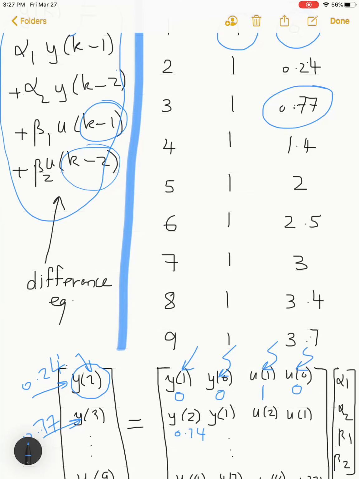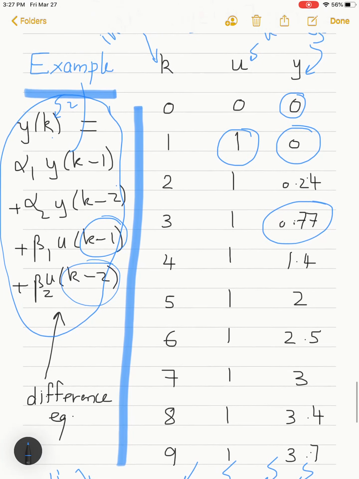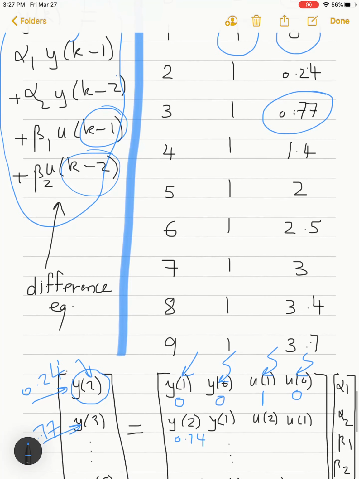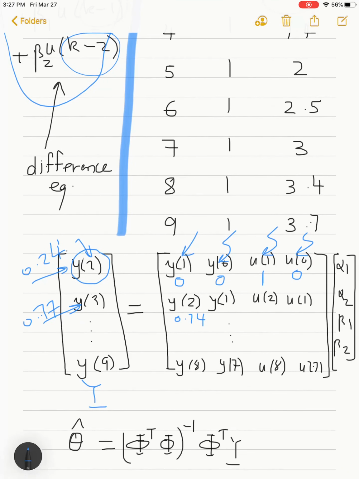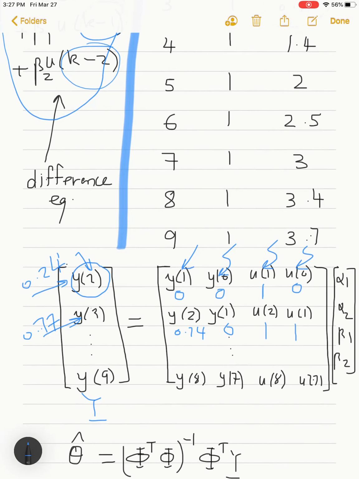Y of 1, which is 0. I need u of 2, which is 1, and u of 1, which is 1. And so on. So I can fill in the vector y and the matrix phi.